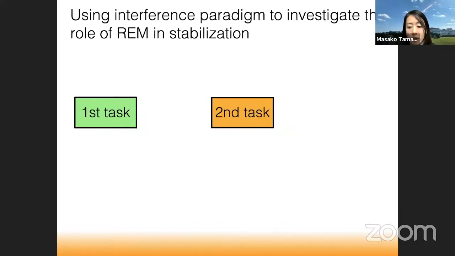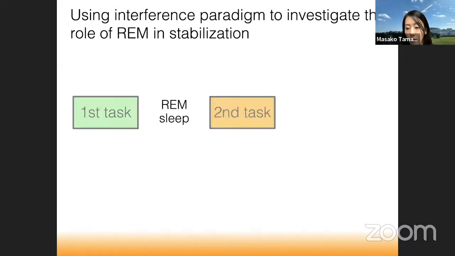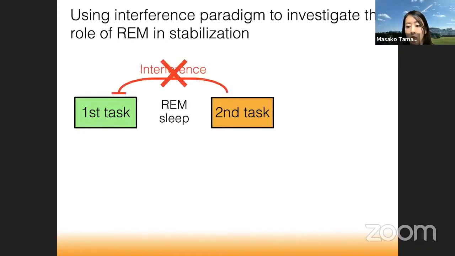So using this interference paradigm on TDT, we investigated whether REM sleep stabilizes learning. If REM sleep occurs between these two training sessions using different TDTs, and if REM sleep plays a role in stabilizing learning, then the second task should no longer disrupt the first learning.